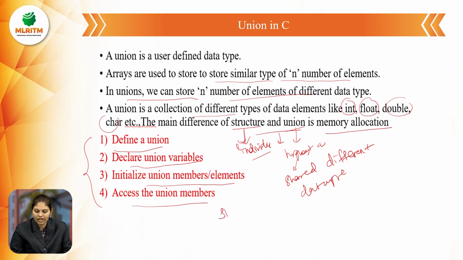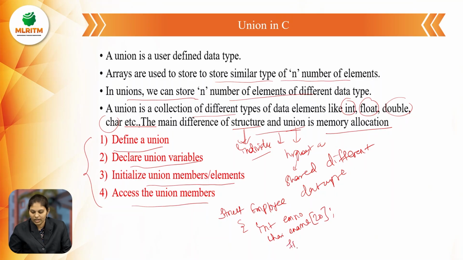In a structure, we have to use the keyword struct, employee, and int employee number, char employee name with a size of 20, and float salary, and after this it is mandatory to give the semicolon.